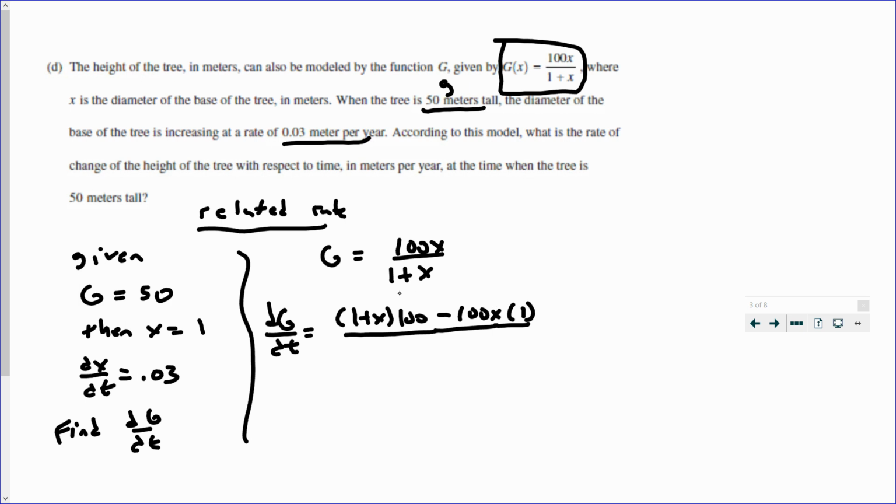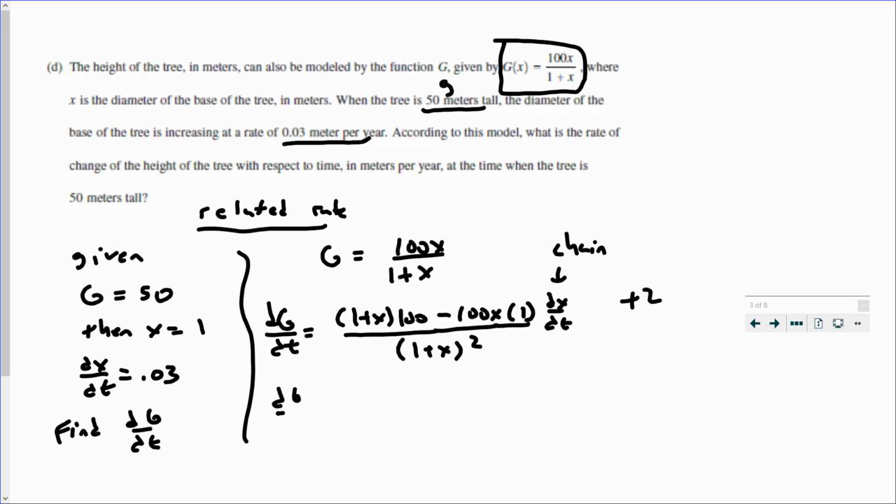Don't forget the derivative of low, 1 dx/dt, all over the bottom squared right here. Remember, this right here is your chain rule. And just for taking that derivative, they give you 2 points. And now we're going to plug in everything.